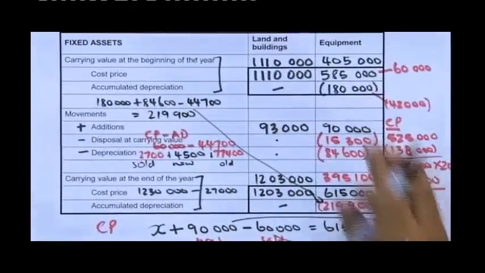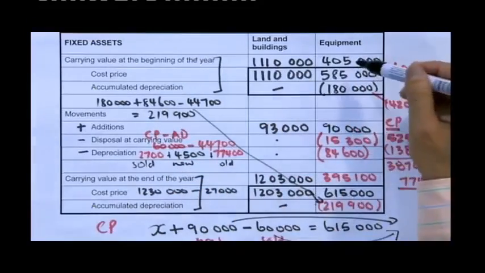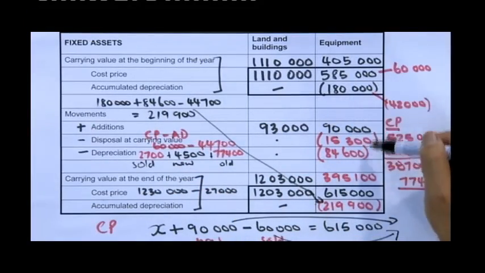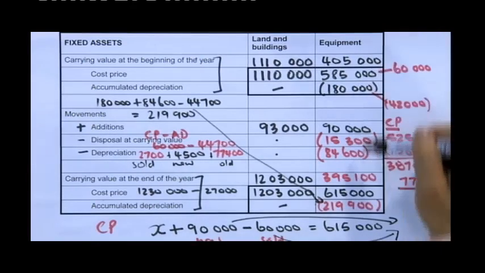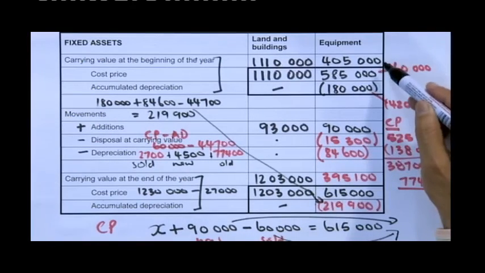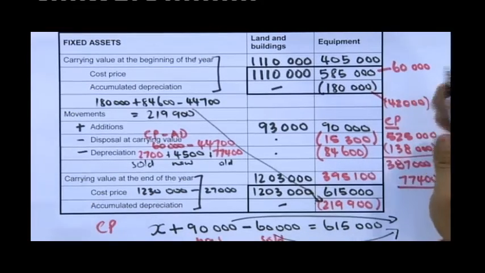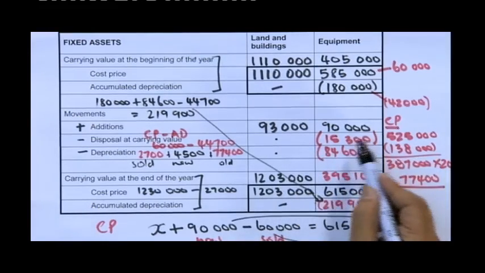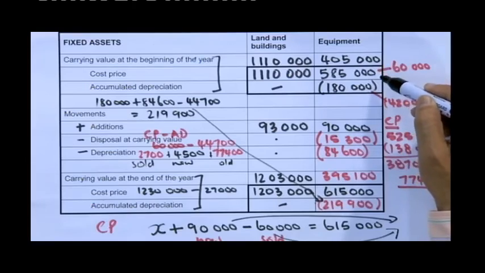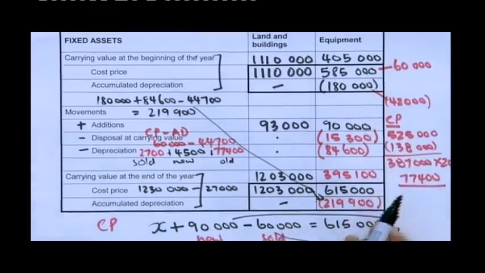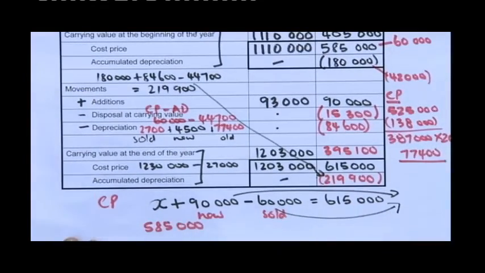Right, grade 11, your fixed asset note, especially when there is asset disposal involved, is the one that becomes a bit more difficult or cumbersome. So you need to make sure that you understand when you add and when you subtract the accumulated of those items involved. In this one we had to calculate the cost price at the beginning of the year.